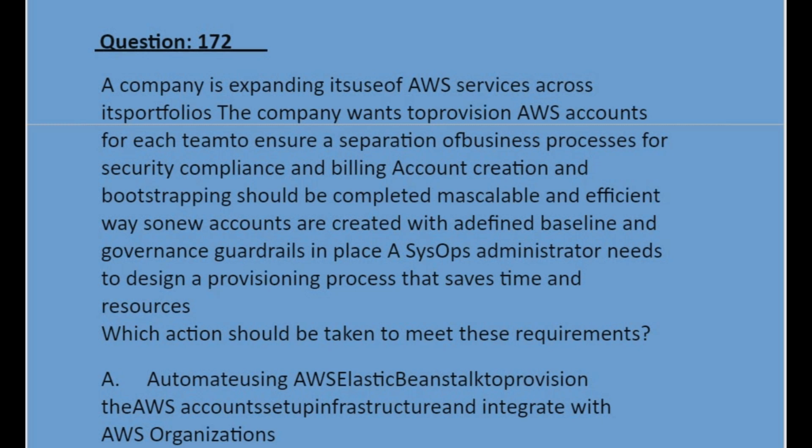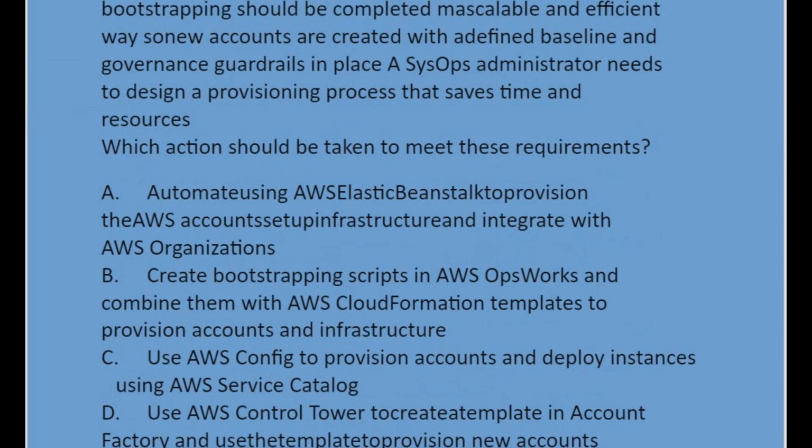Account creation and bootstrapping should be completed in a scalable and efficient way, so new accounts are created with a defined baseline and governance guardrails in place. A SysOps administrator needs to design a provisioning process that saves time and resources. Which actions should be taken to meet these requirements?